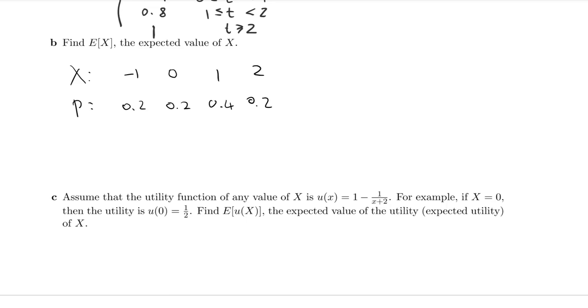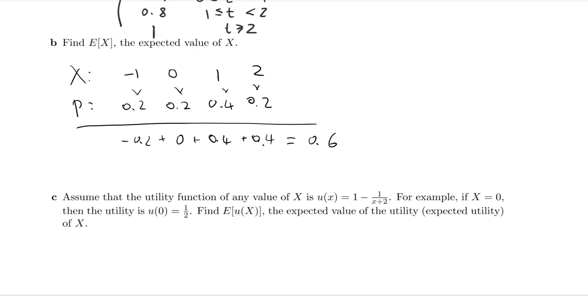So what do we need to do? Just multiply them up and add them up. Then we have -0.2 plus 0 plus 0.4 plus 0.4, so the answer is simply 0.6.